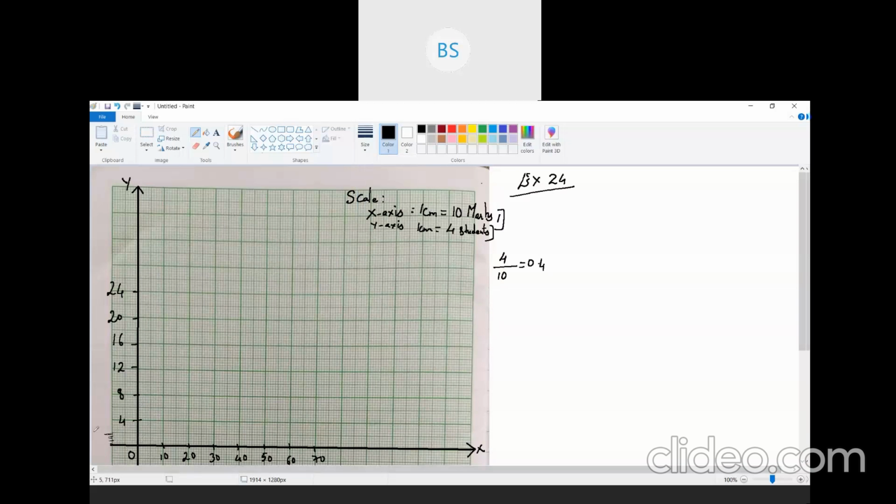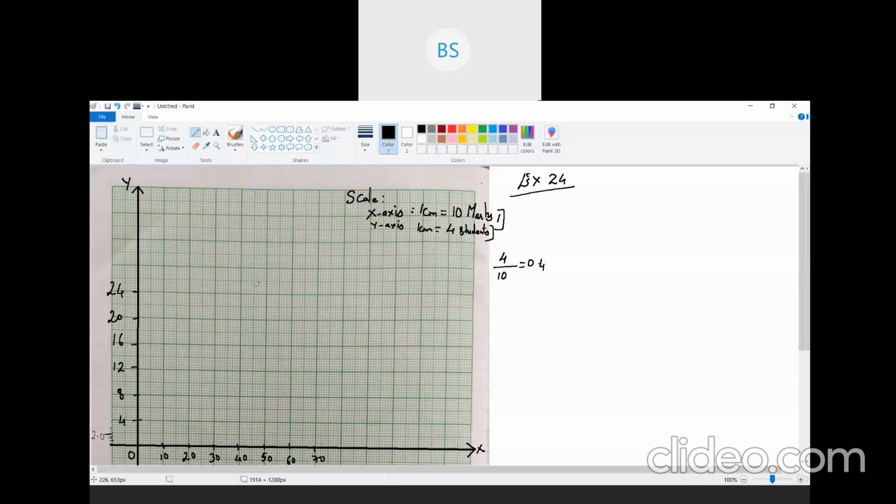Then the sixth line will be 2.4. Then we have 2.8, 3.2, 3.6 and then 4.0 or 4. So this is how we read out the value of each division. Okay. So this helps us if we have values in decimals.